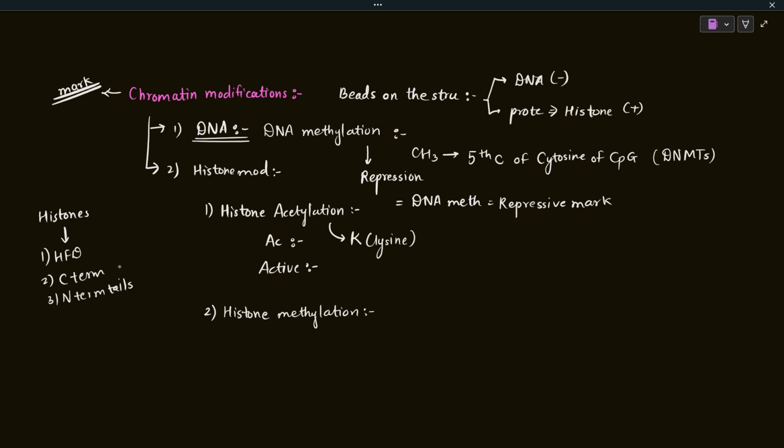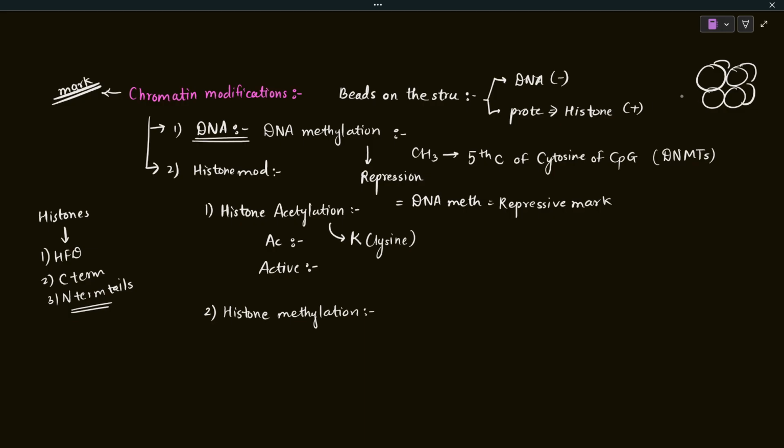So all of the histone modifications are done on the amino acid residues in the N-terminal tails. Let's assume that this is the histone, and imagine that this is an octamer. The eight histone proteins are tightly assembled together, forming the octamer.